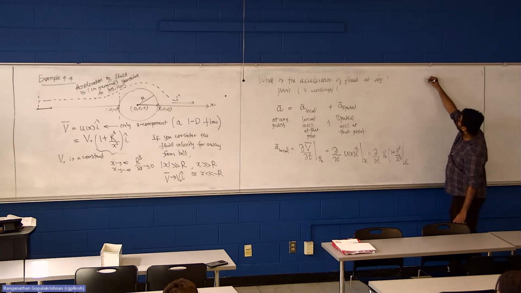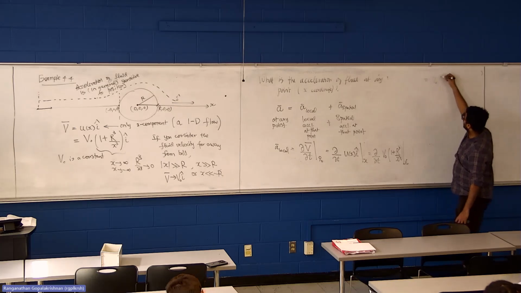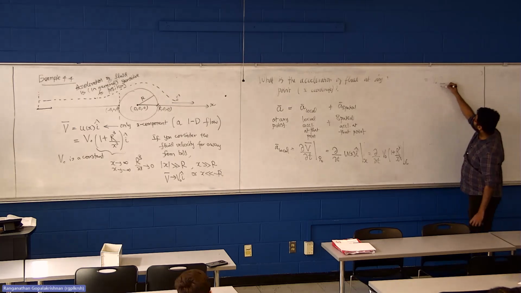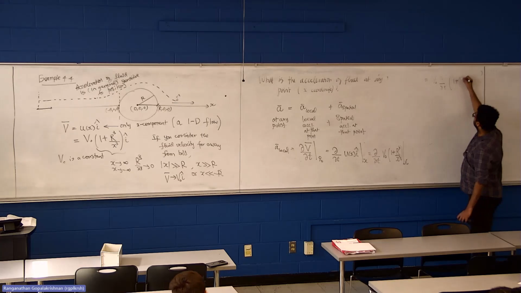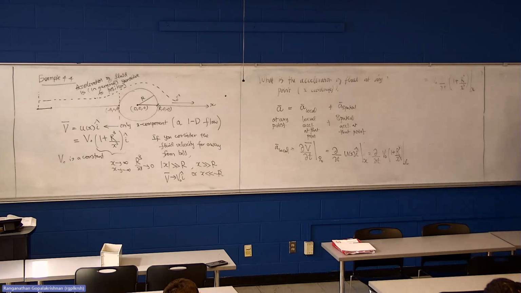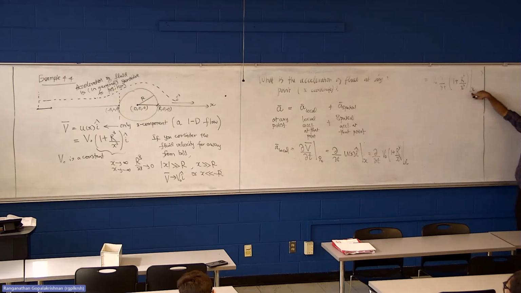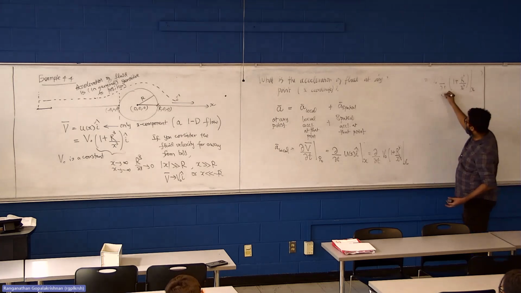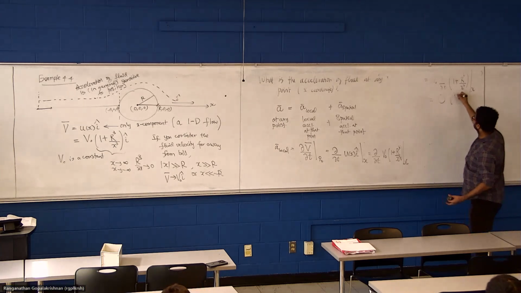So we can write this as V naught times the partial derivative with respect to time of 1 plus r cube over x cube at a given value of x. R is a constant, the radius of the ball, so we don't have to worry about differentiating R. And we just said we are interested in a particular value of x, so x also cannot vary with time. So this whole thing is 0.